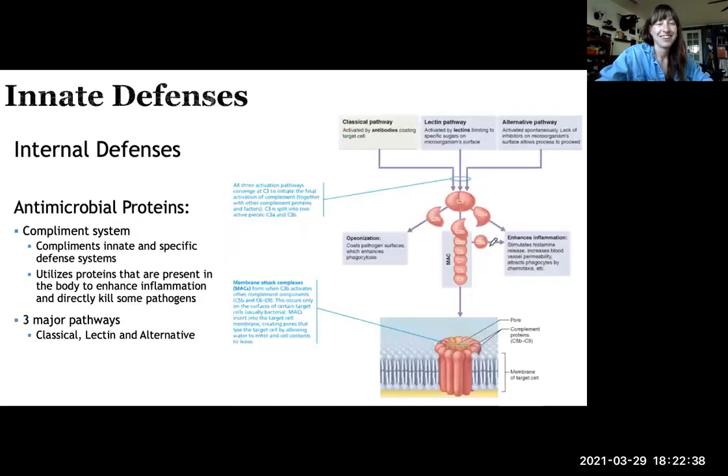You also have, in addition to interferons, other antimicrobial proteins called the complement system, which I've already mentioned. So here's a closer look at what these complement proteins do. They are called to the offending cell, the pathogen, in this case maybe a bacteria.